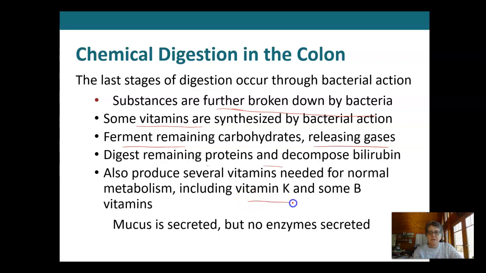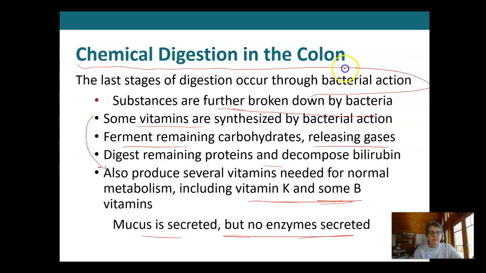I knew there was some vitamin K. Mucus is being secreted, but no enzymes, right? So while I have this chemical digestion, it's due to bacterial action. If I say what is a process occurring in the large intestine, I would take chemical digestion, but I wouldn't be a fan.